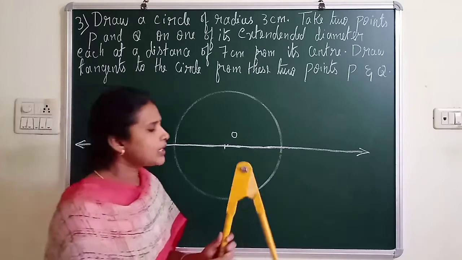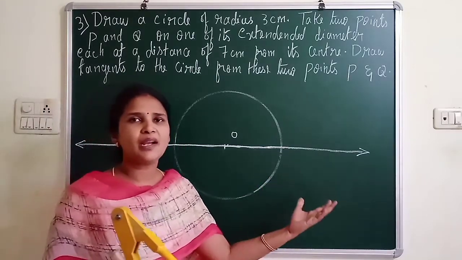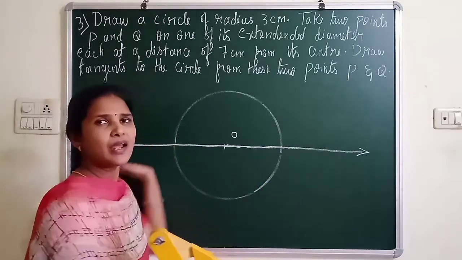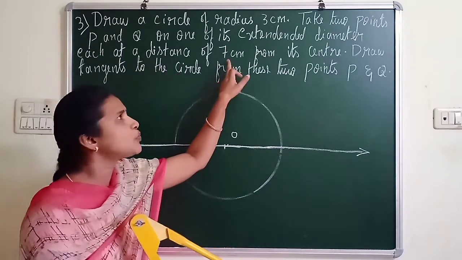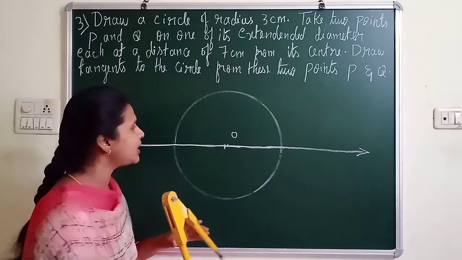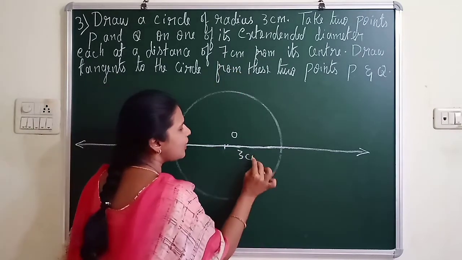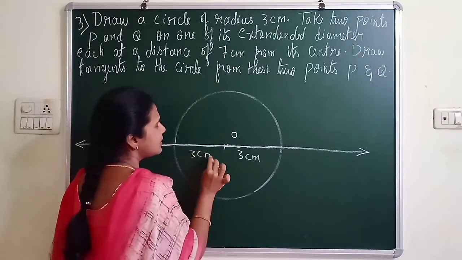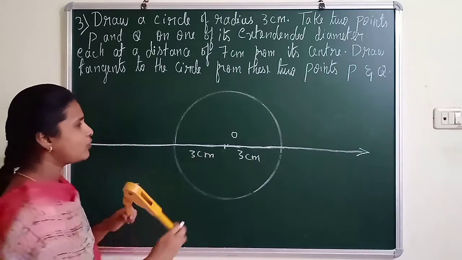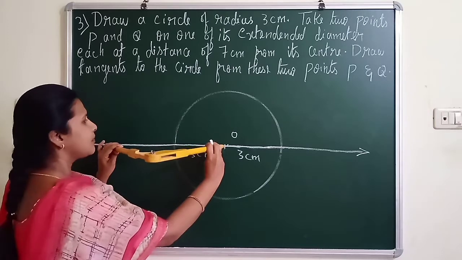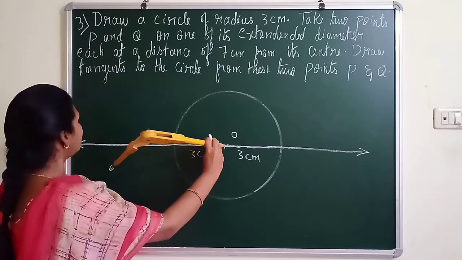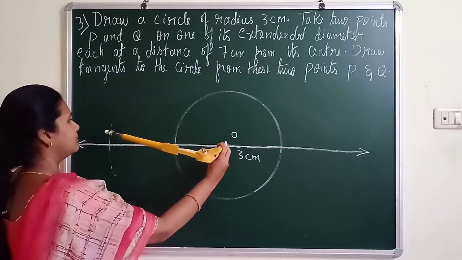Now what I have to take now? I need 2 points P and Q, one on this side and one on the other side. What is the distance from the center to these points? He has given 7 centimeters. Be careful, this circle you have drawn with radius 3 centimeter. Now I have to take 7 centimeter length and cut an arc.